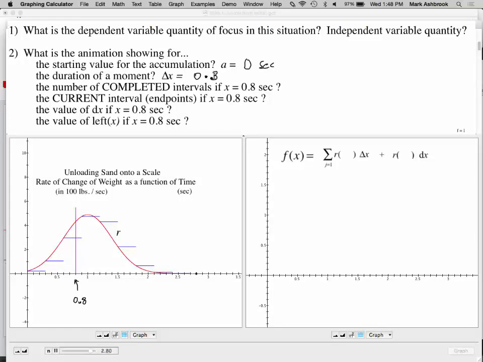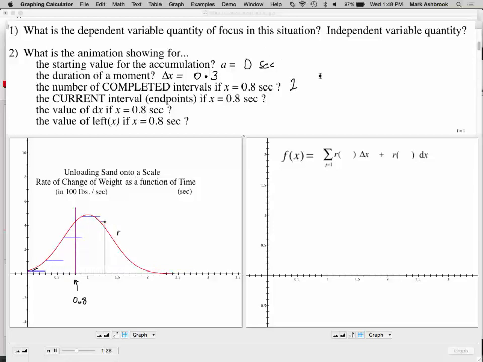Okay, that purple line is showing 0.8 seconds. That vertical line is showing, say, if you were to pause the accumulation at 0.8. So here are the questions about that. How many completed intervals if x is 0.8? 2. 1, 2 completed intervals.